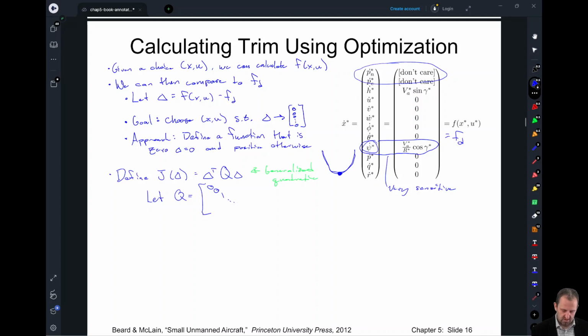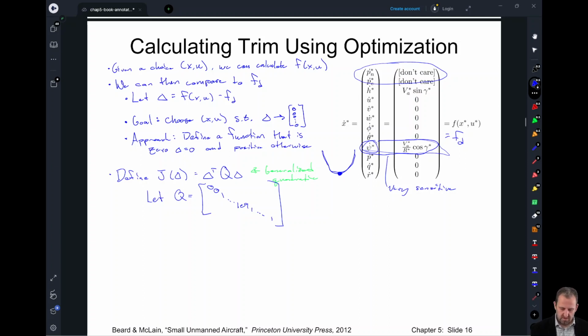So the 1, 2, 3, 4, 5, 6, 7, 8, 9th diagonal element. We'll let that one be equal to 1e to the 9 or something like that, and then 1 down to 1. So we're going to really penalize convergence to that one, and that's just to make it sensitive.